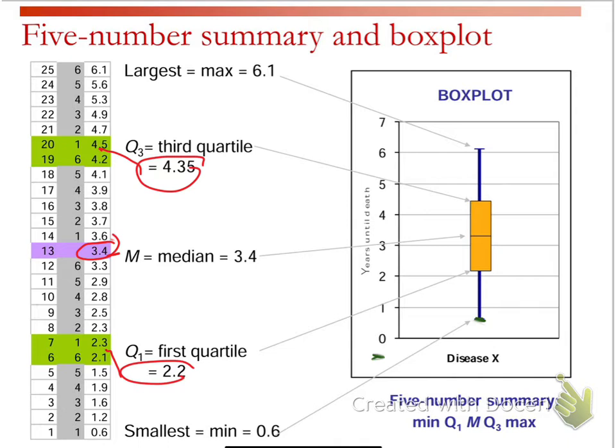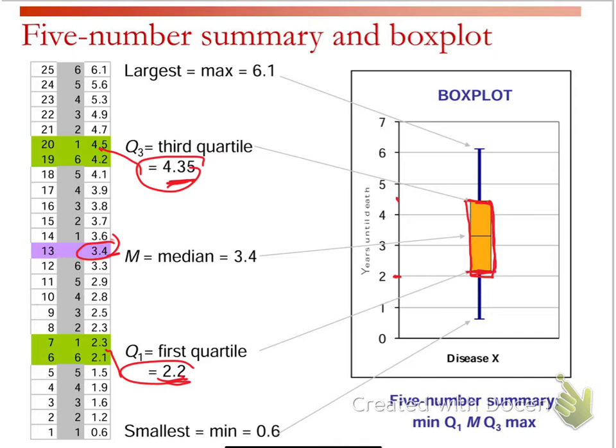The first is 2.2 and third is 4.35. So I have to come here at 2.2. Here this is 2, so I come here to 2.2 and I draw a line, and I have to go to 4.35, for example here, and draw it here, and then draw a box.